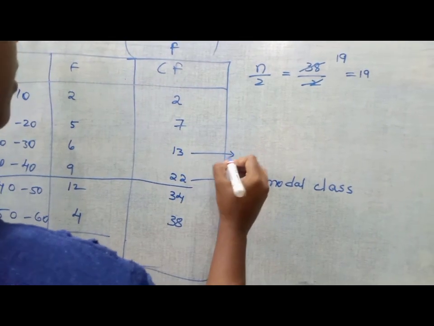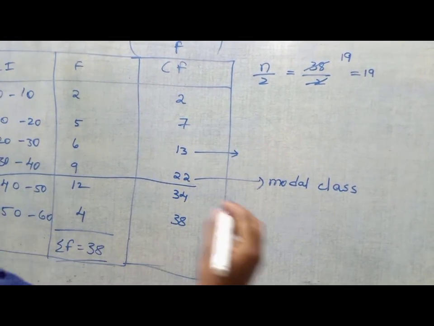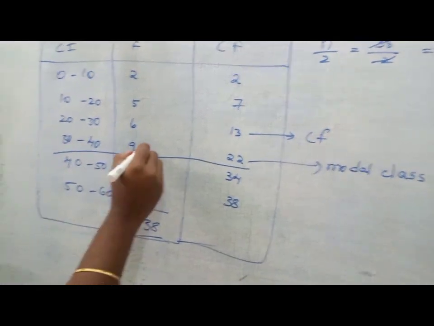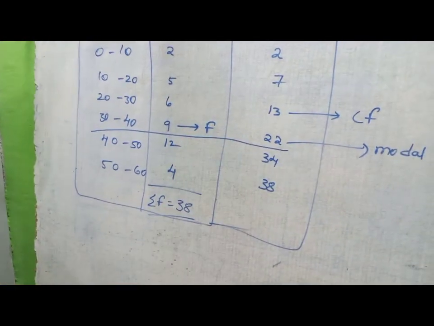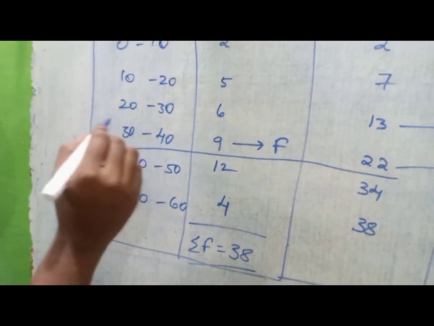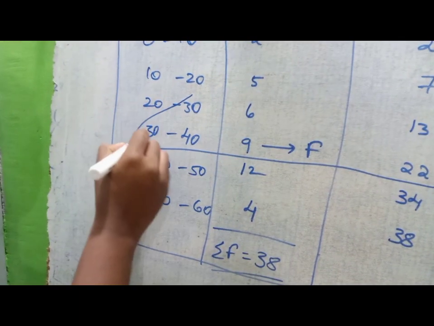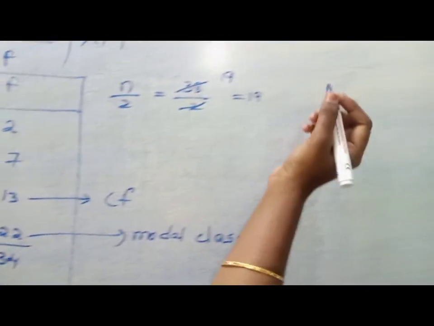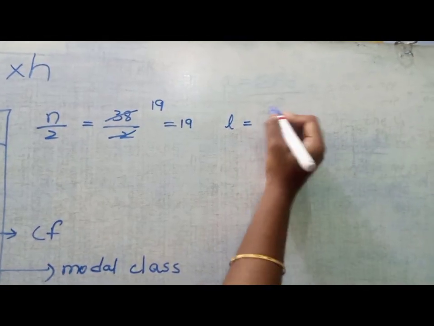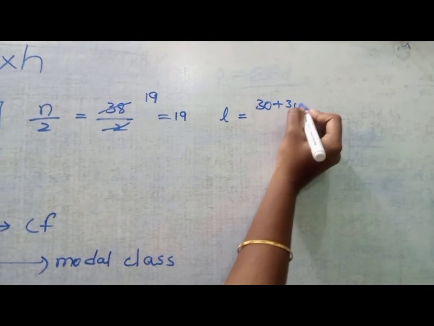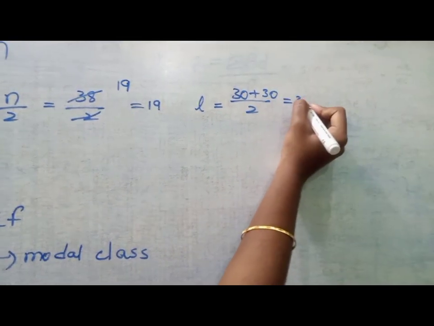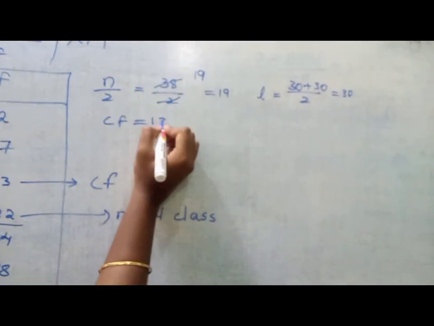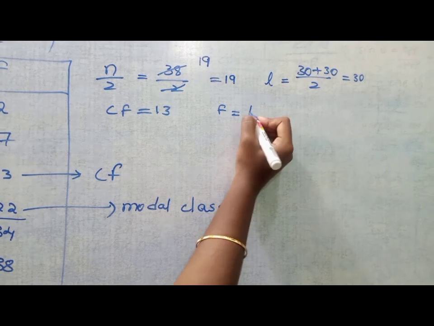The upper value of the median class becomes CF and the number beside the median class is F. The L value becomes 30. So we write the values here. L is 30, CF is 13, F is 9.